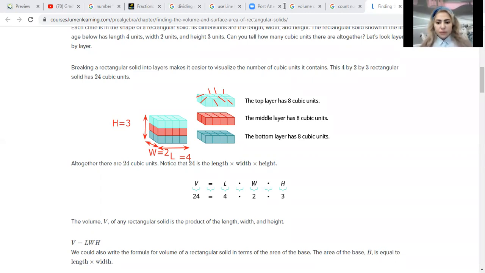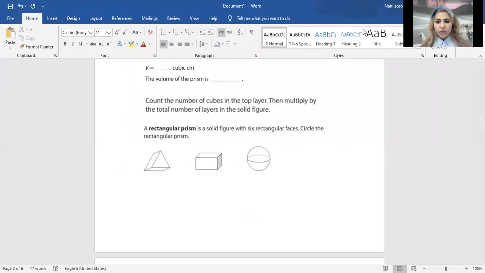Let's go back to the revision sheet. What's a rectangular prism? A rectangular prism is a solid figure with 6 rectangular faces. Circle the rectangular prism. This is a triangular prism, this is a sphere, and this is the rectangular prism.